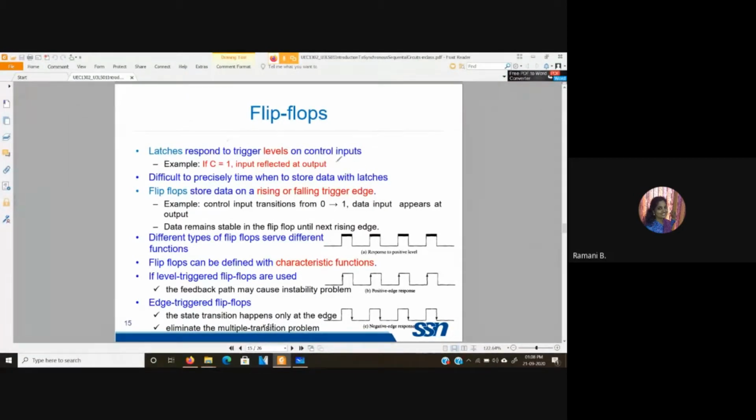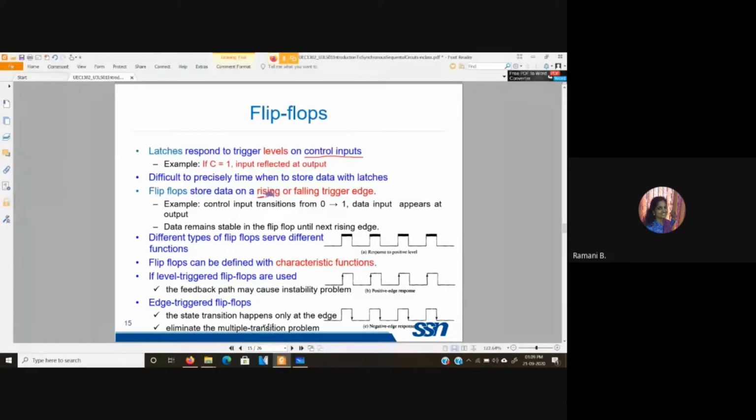That was what we saw with respect to usage of control input with respect to the latches. So it is always not easier for us to decide or to verify when your output will be changing value and when you have to store the data for that. So for that purpose, we move ahead with flip-flops.